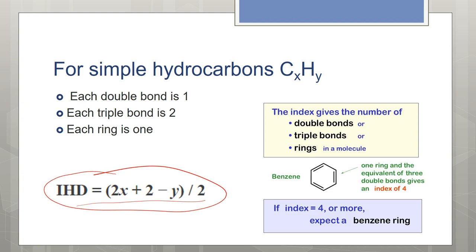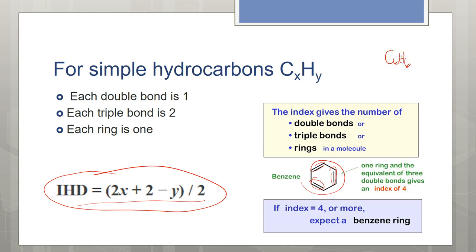Okay, so if we think about benzene, the double bonds are each going to count as 1. So we have 1, 2, 3 double bonds, so that would give me an index of hydrogen deficiency of 3. And then 1 more for the ring, so that would be an index of hydrogen deficiency of 4. And our formula for benzene is C6H6.